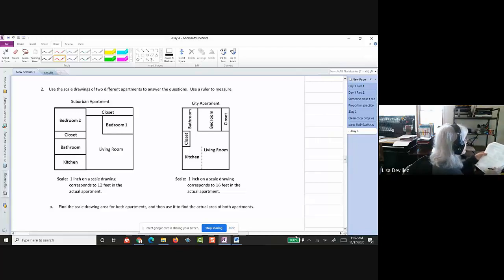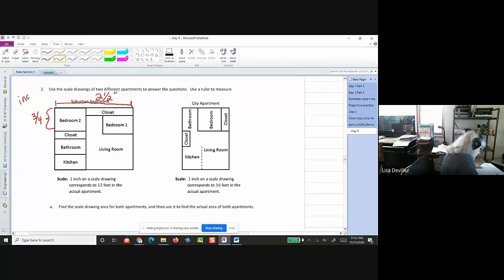Okay, so let me give you the dimensions here if we were to measure these. Okay, so this one from there to there is 2.5 inches. And this dimension is 3/4. These are all in inches. This one here is 1/4.